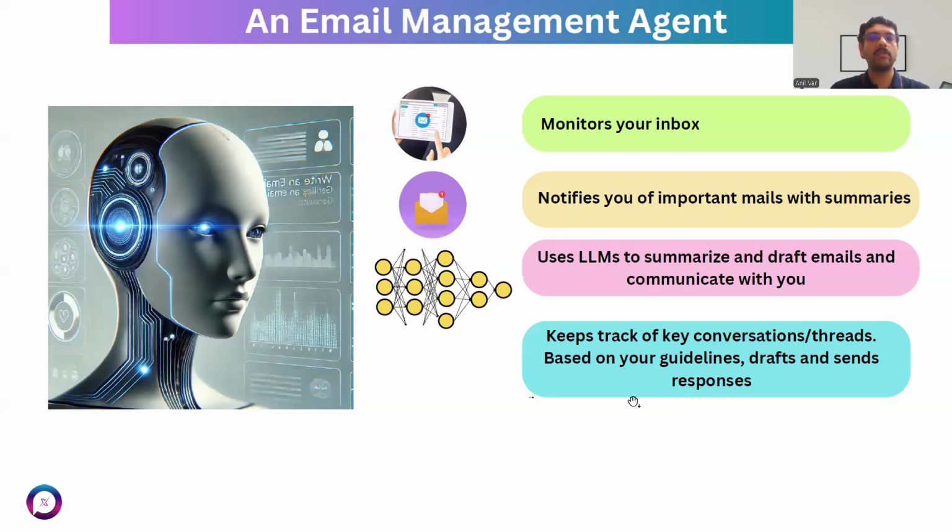Say it's an official email with a supplier: you could have the system send the supplier some information, get a response, and place an order. Or it could be customer support emails, where the agentic system reads through them, gives you a list of to-dos to implement, and responds back to the customers. That's an example of what an email management agent could do.